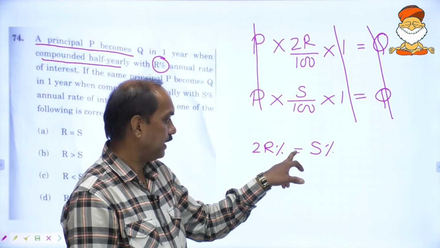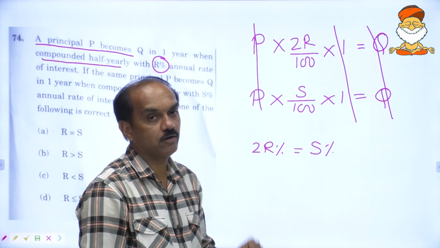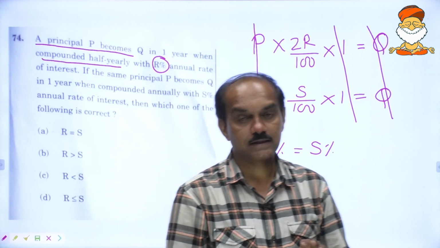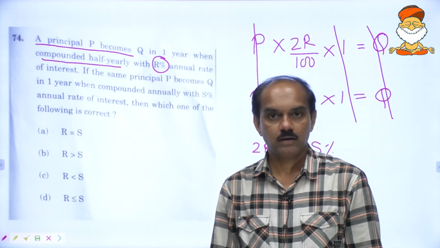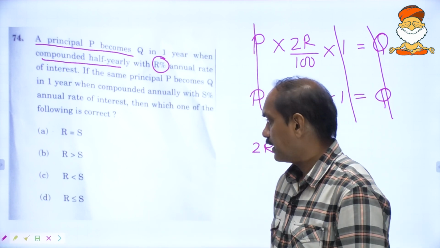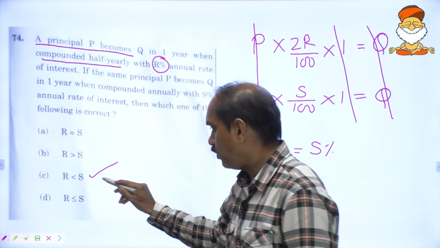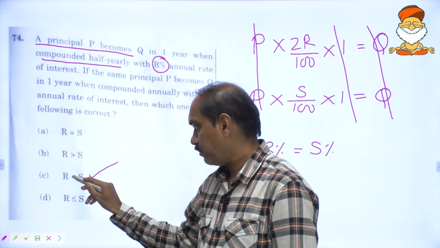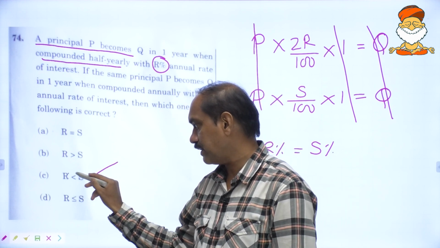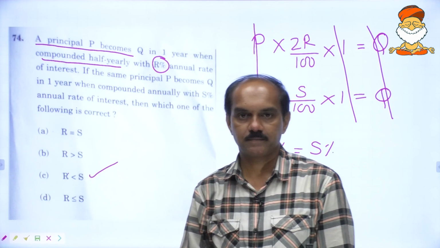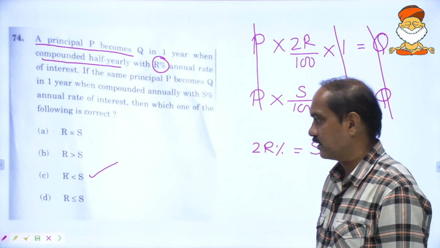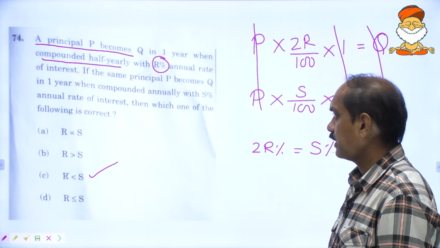S is double that of R. S is double of R, meaning S is more. Here S is more than R. R is less than S. Therefore, the third option C will be the correct answer.